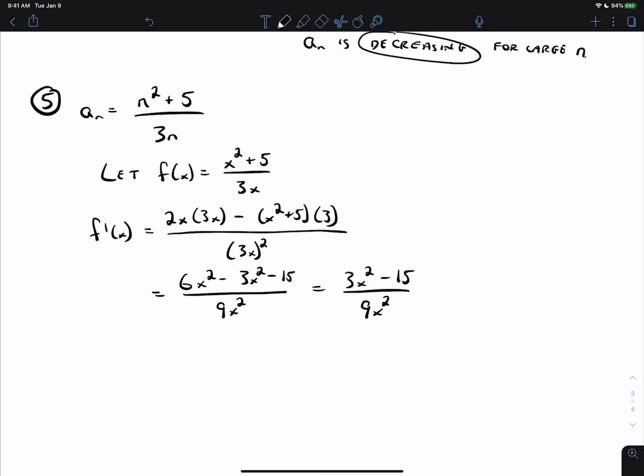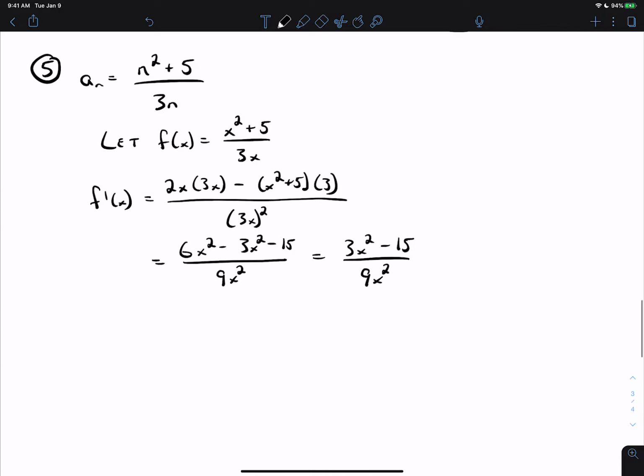If we look at that, the bottom is positive for sure because we have positive 9 times x squared. X squared is at least 0, so it's positive. The top is going to be positive once 3x squared gets larger than 15. So we know this is greater than 0, and we're going to say again for large x, meaning large enough so that we're correct. We don't want to figure out exactly when that's true, especially if these get more complicated.